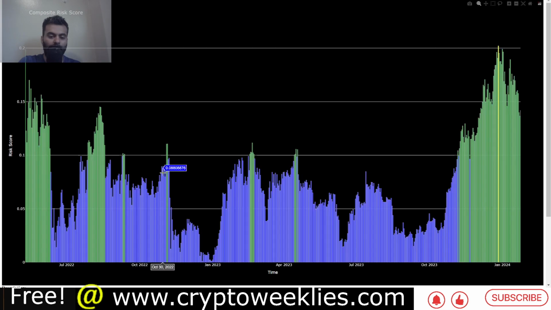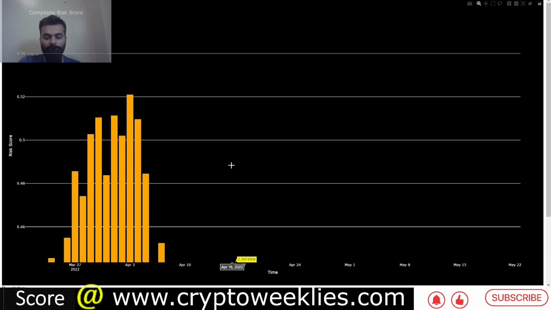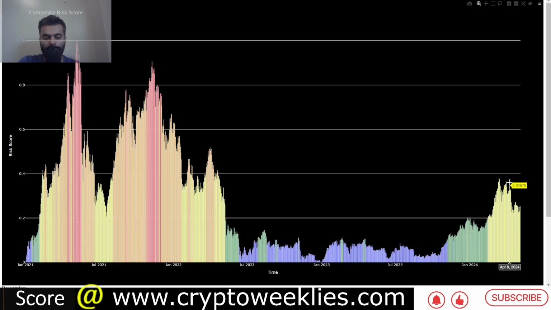Blue is the lowest risk color code, associated with when the risk is below 0.1. Green is a risk between 0.1 and 0.2, and yellow above 0.2, till about 0.4 or 0.5. Then starting 0.4 the color code is orange, and above 0.75 that's when the market is most overheated.